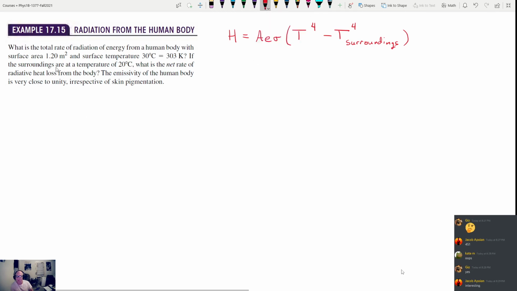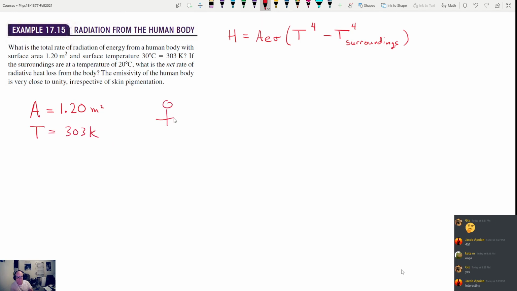What's the problem? What is the total rate of radiation of energy from a human body with a total surface area of 1.2 meters squared? I wonder if that's like how big of a person that is. And a surface temperature of 30 degrees Celsius, 303 Kelvin. So we know the temperature of the body is 303 Kelvin, right?